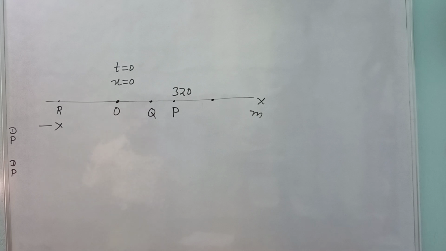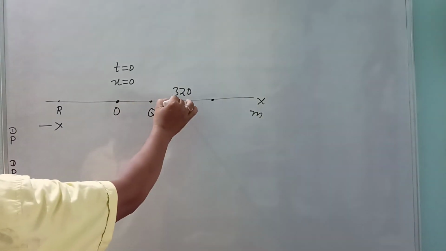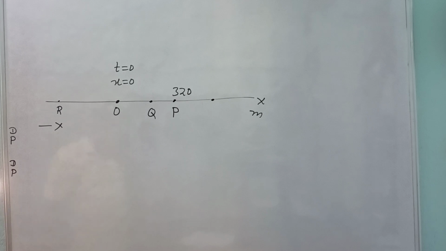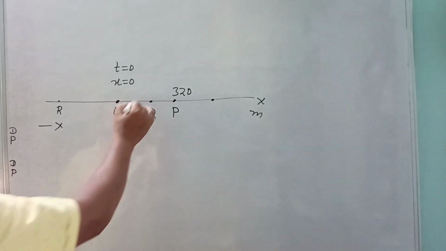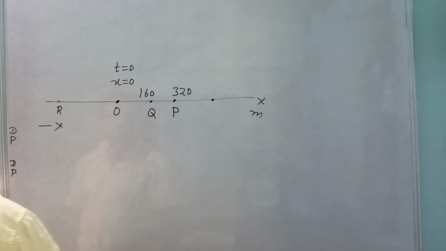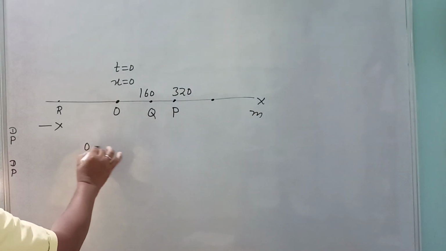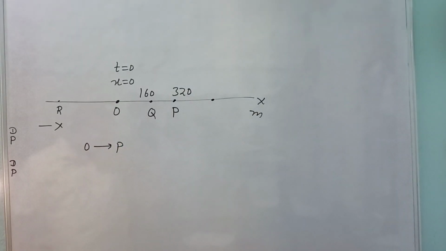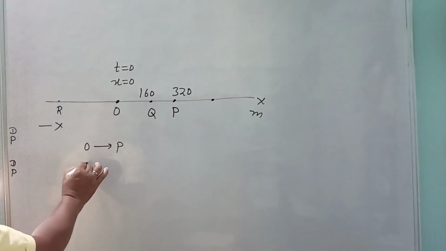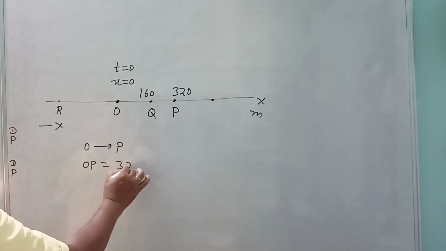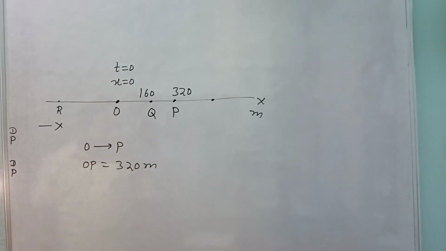Suppose P position is 320 meter, or we say Q position is 160 meter, like that. So if a car moves from O to P, what is the distance covered or path length we say? So OP is nothing but your 320 meter. OP is plus 320 meter.